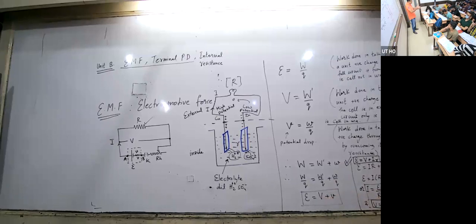This is the surplus energy available for me to drive light, fan, etc. Understood? Yes, sir. That's it. So whatever is available, only some part is available for external work, and some will be used by the source itself. That's it.